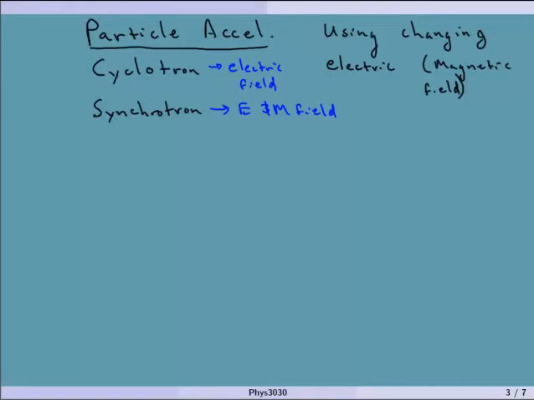And I don't want to talk too much about the details of how those exactly work. But the idea about these is that you use high energy particles to probe smaller and smaller structures.